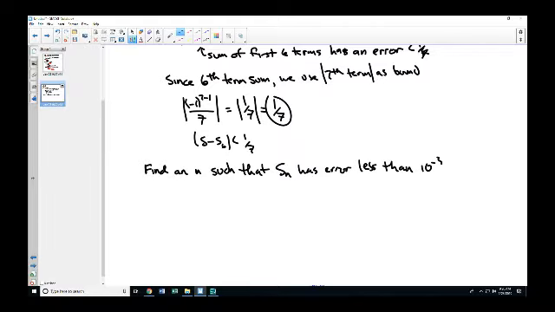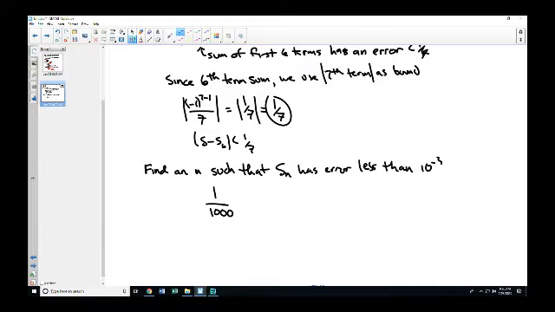So that's 1/1,000. 10 times 10 times 10.